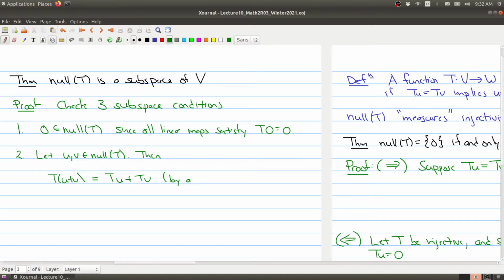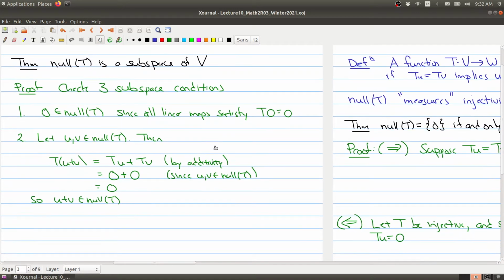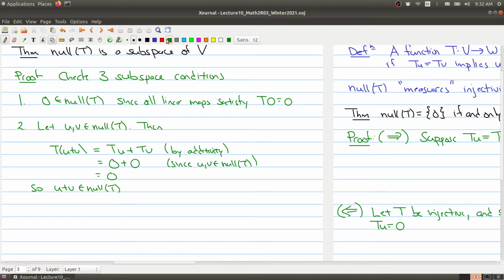And now we know that Tu is equal to 0, and Tv is equal to 0, and that follows since u and v are in the null space of T. And finally, 0 plus 0 is equal to 0. So we get that u plus v is in the null space of T. So definitely the null space is closed under the operation of addition.